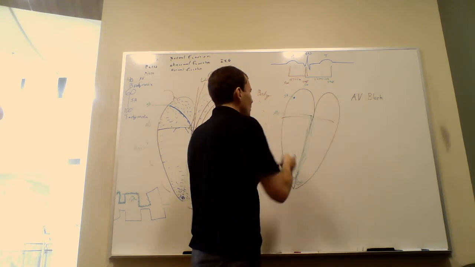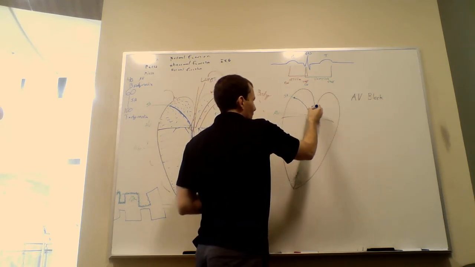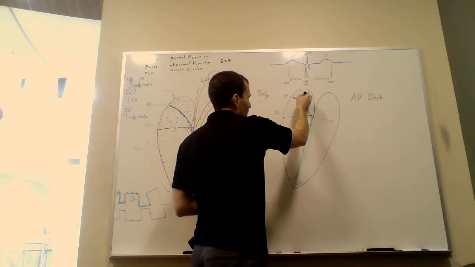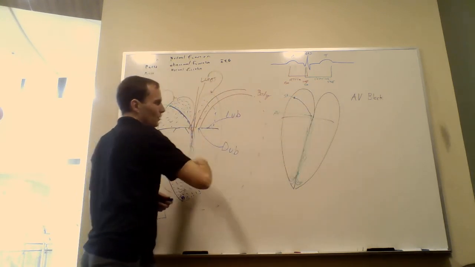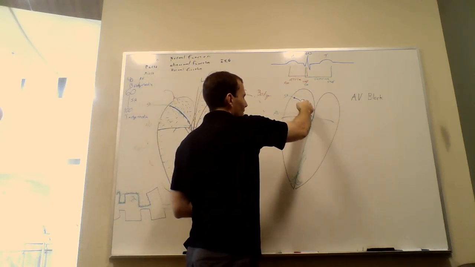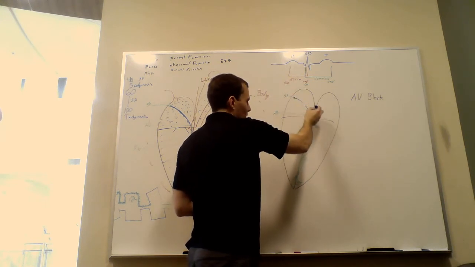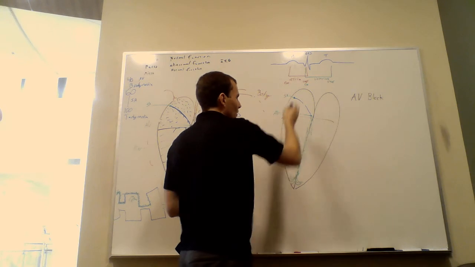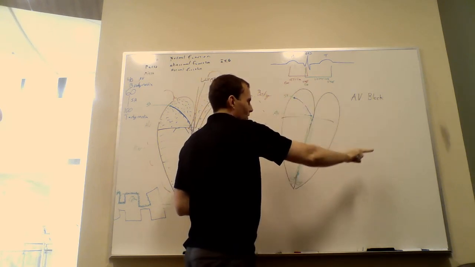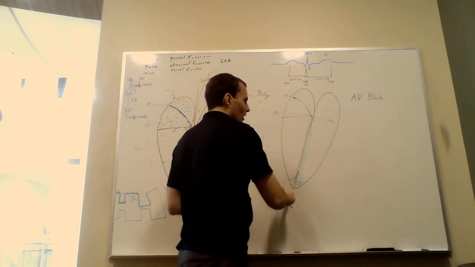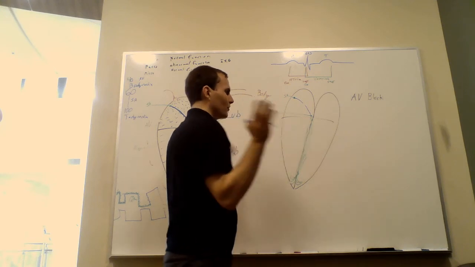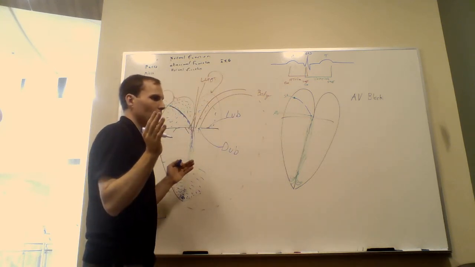AV block is when we have kind of an interesting thing going on. Usually the SA node is talking to the AV node and sending it through. AV block is when the SA node is working, but the conduction towards the AV node is not. So we still get the atria firing, but it doesn't talk to the ventricles. And so the AV node is sitting there waiting for someone to come in and tell it to go.